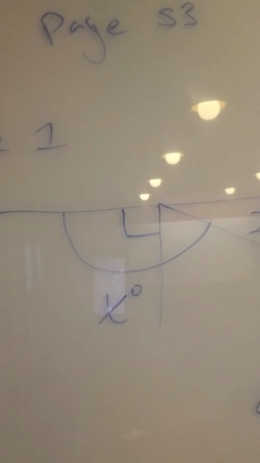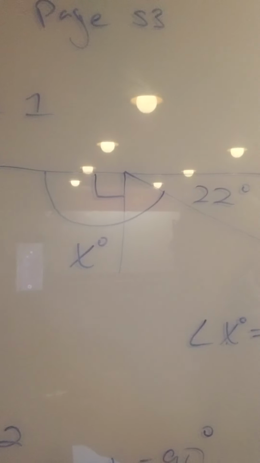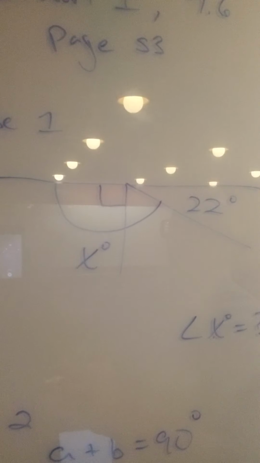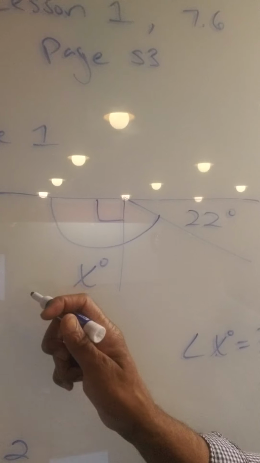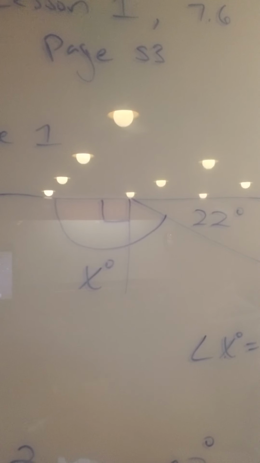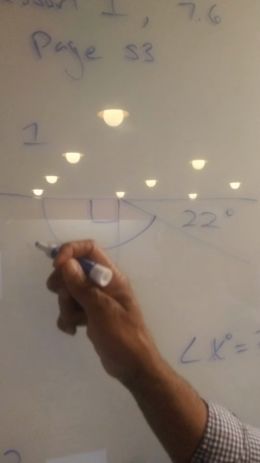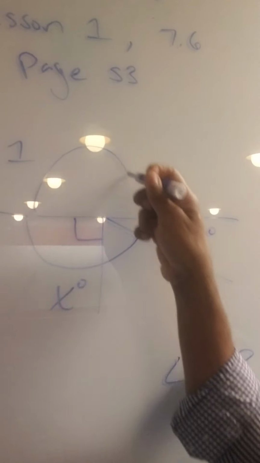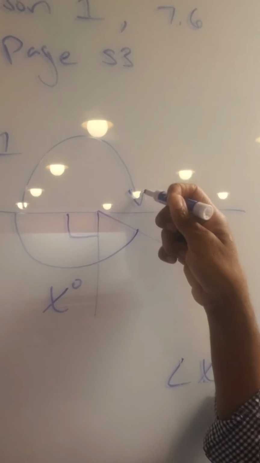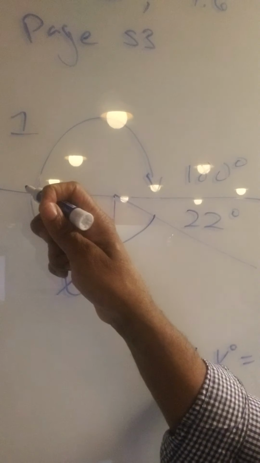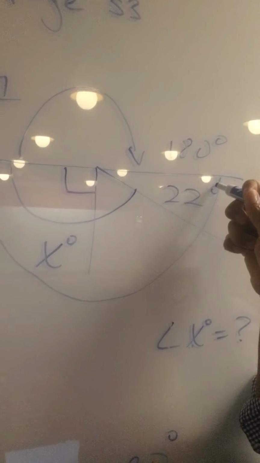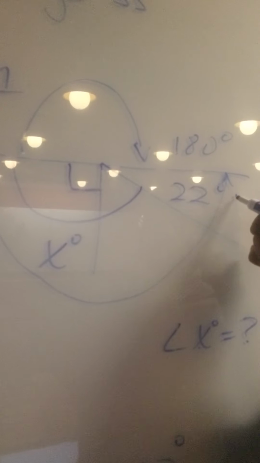Here's the figure that we're given to determine X. And we know this is very simple because we're going to use what rule? We're going to use the flat line method to figure this out. We know this whole line is 180 degrees. And it's also 180 degrees on the other side, which is the side that we're looking at.